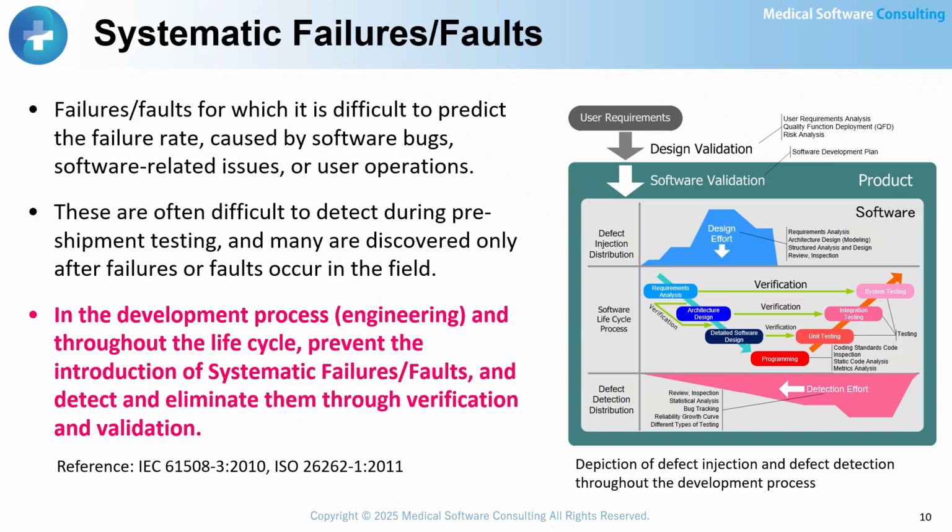In the later stages, the focus shifts to detecting and removing defects before release, and across all stages, we apply verification to confirm that each step of the development process is correct, and finally, we use validation to confirm that the finished product truly meets the user's requirements.